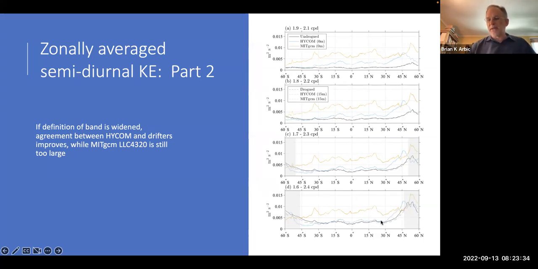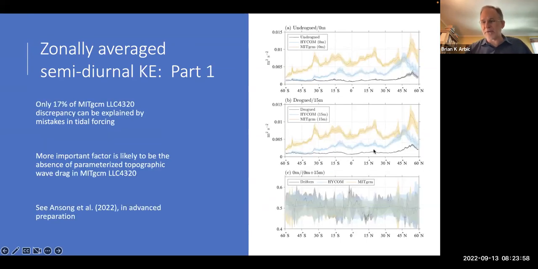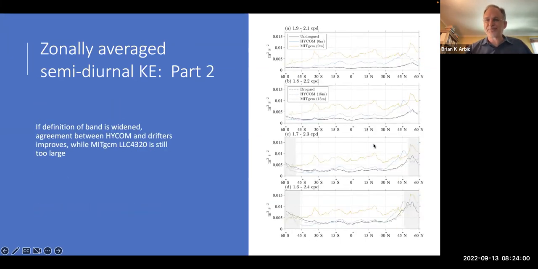But at some point the drifter energy is lifted up. Again, it is wider, so that makes sense, so that it is pretty close to the HYCOM values over a lot of latitudes. To really be sure of that, we should actually seed HYCOM with drifters, and we haven't had time to do that yet. But this is at least suggestive that the HYCOM kinetic energy might lie closer to the drifters than you'd expect from this first plot here.